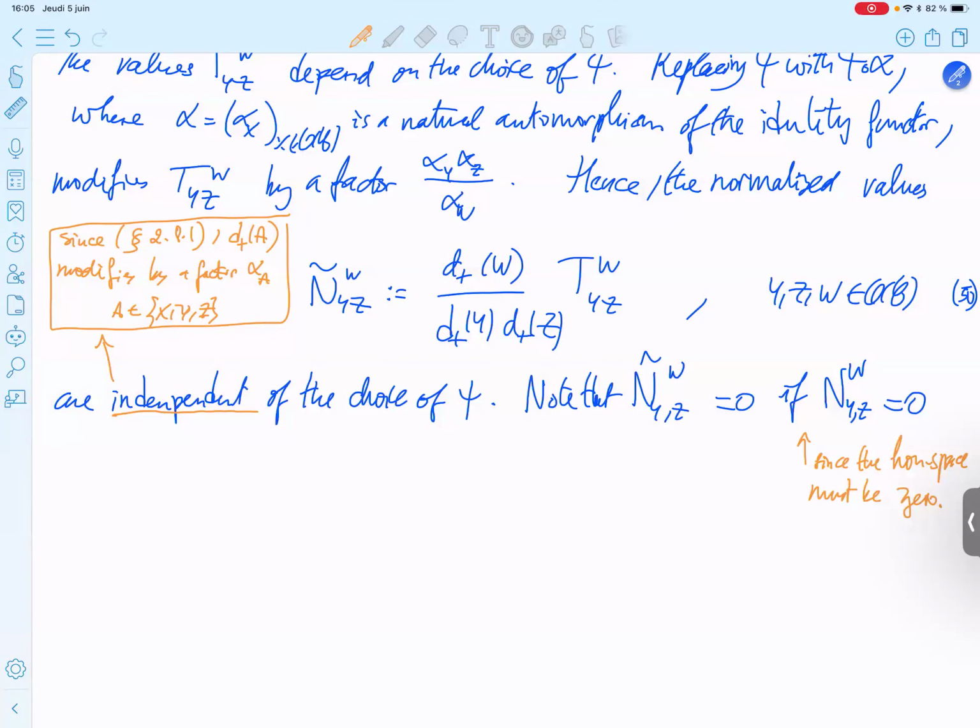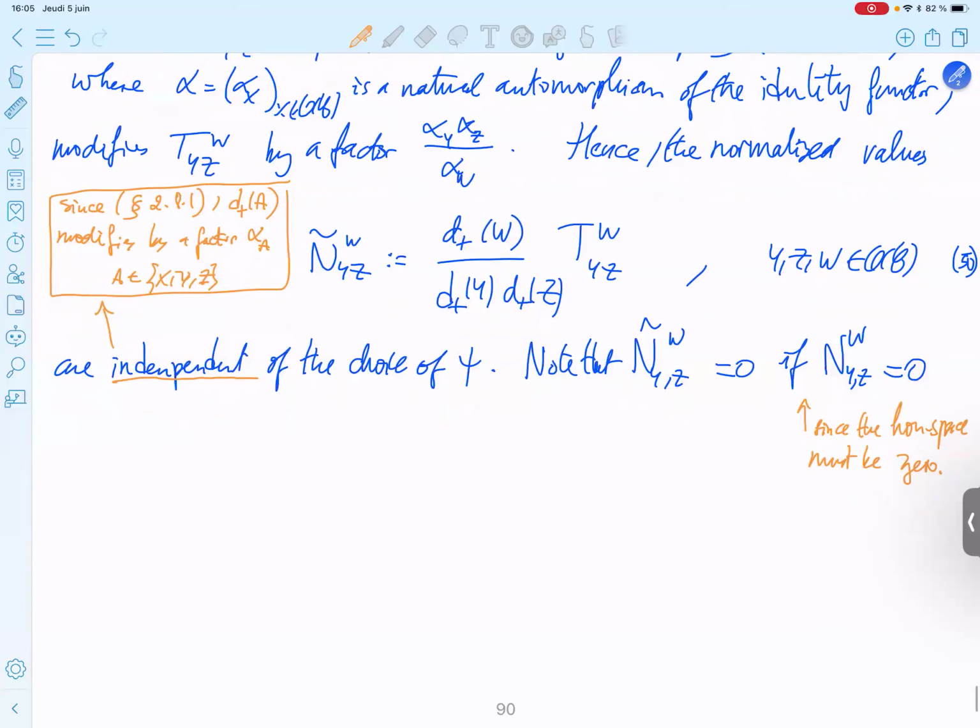Okay. And here you can say also that in the pivotal case, N tilde YZW equals N YZW times dimension of W, dimension of Y, dimension of Z. Okay.